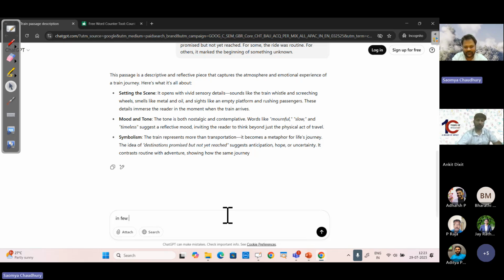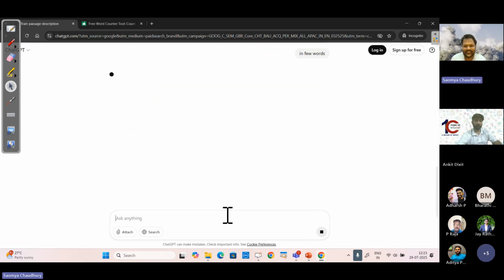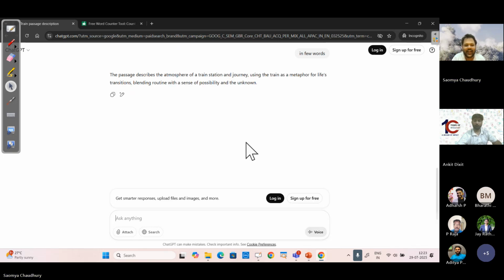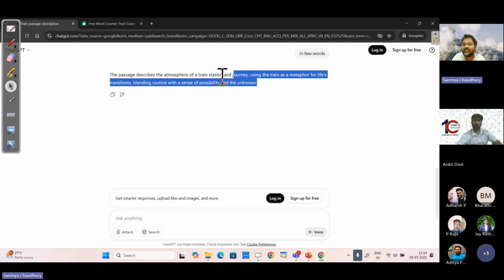In few words, so you can see, the passage describes the atmosphere of a train station and journey using the train as a metaphor for life transitions, blending routine with a sense of possibility and the unknown.